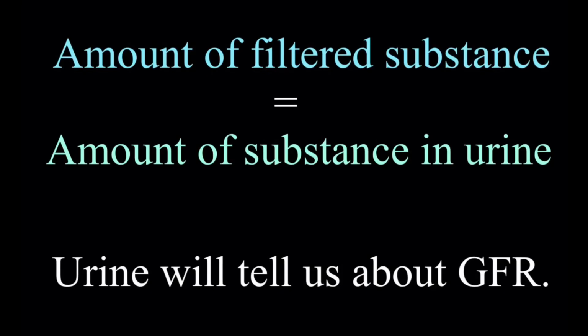And if everything that we filter ends up in the urine, then we can just look at our urine to see what our clearance and therefore our GFR actually is. The reason that we look at our urine is because we can't cut open a nephron to see what our filtration rate actually is. Cool? Okay, if you have any questions, then drop them below because I'm moving on.